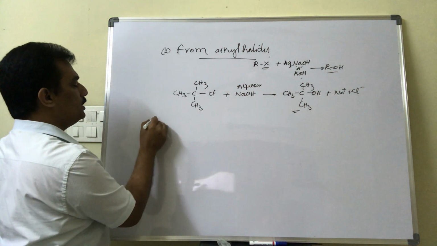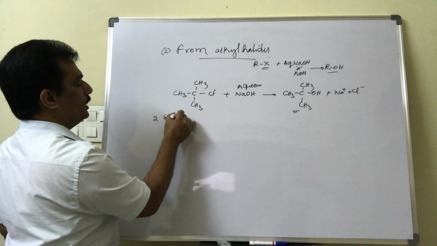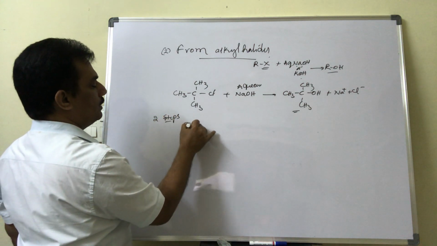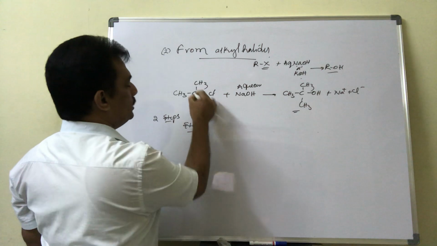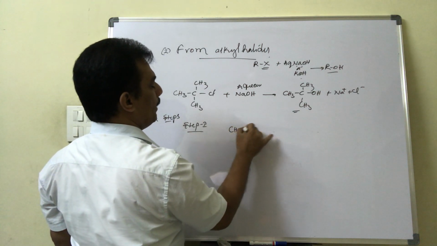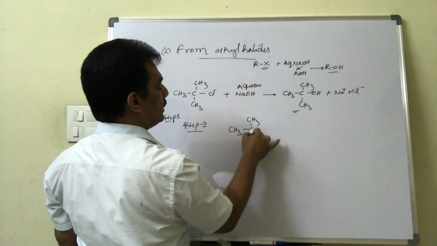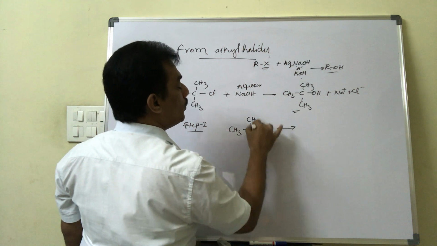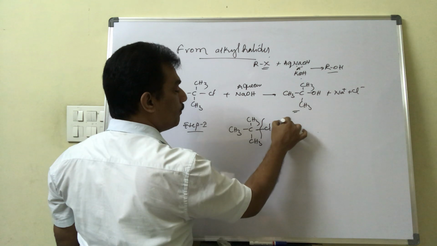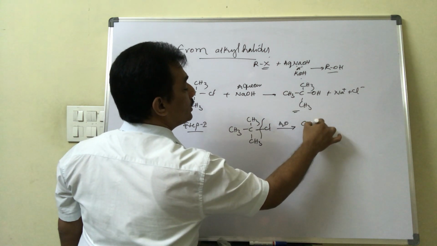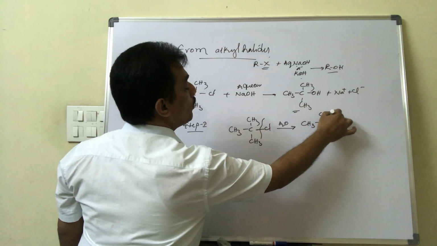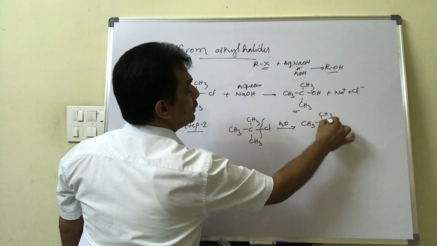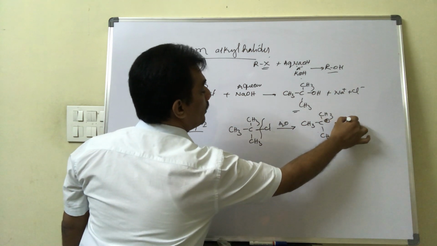And now how it happens? It is taking place in two-step reaction mechanism. In two steps. Step 1 involves the substrate, when it is kept in solvent water, the substrate will undergo heterolytic fission, forming a reaction intermediate carbocation. This is carbocation.